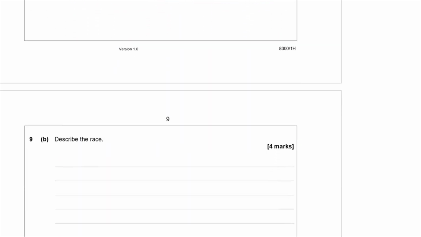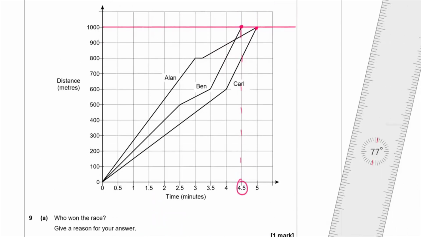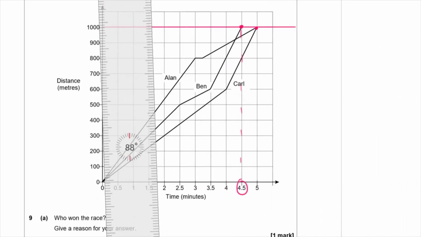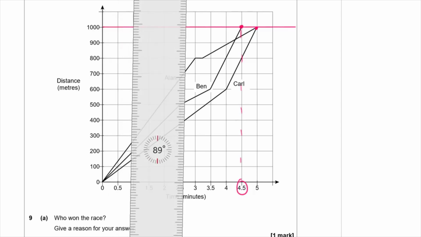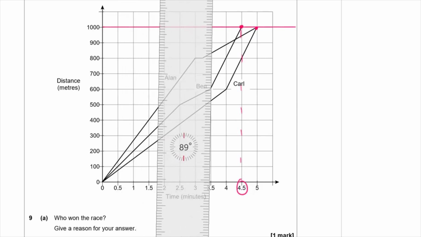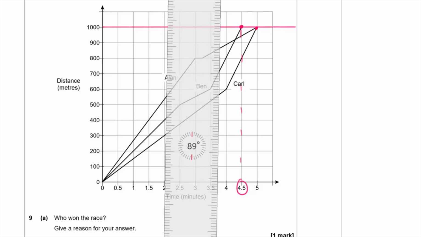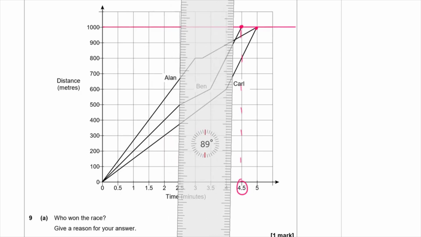Now the next part of the question asks us to describe the race, and it's worth 4 marks, so we need to come up with at least 4 statements about the graph. So we can read this graph from left to right, so you can see that as we start off, Alan starts off the fastest, so Alan is in the lead, then Ben is second and Carl is third for the first part of the race.